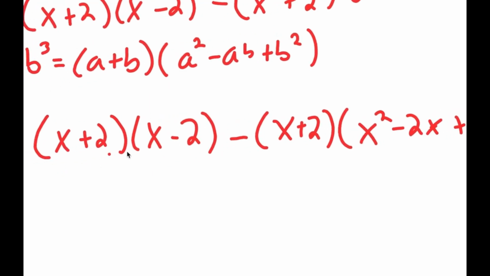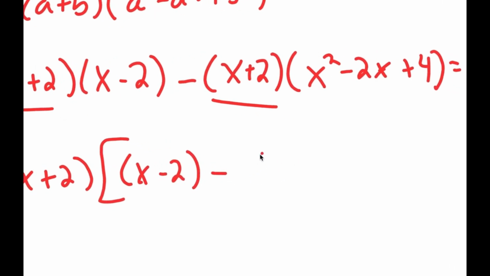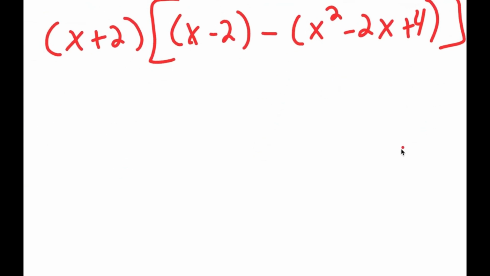Now notice how both of these terms have x plus 2 in them. So if I factor out x plus 2, I get x plus 2 times x minus 2 minus x squared minus 2x plus 4 is equal to 0.